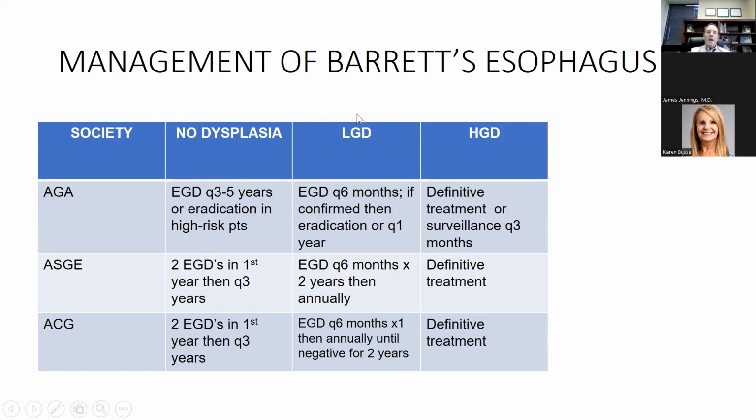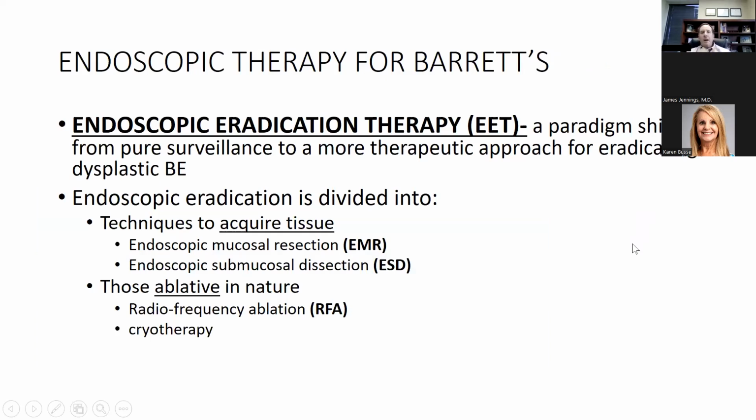If you have low-grade dysplasia, the option is to treat the Barrett's esophagus to get rid of it. If they have high-grade dysplasia, then we're definitely treating. I'm going to move on to treatment options real quick. I know we want to save time for questions and comments. Endoscopic eradication therapy.